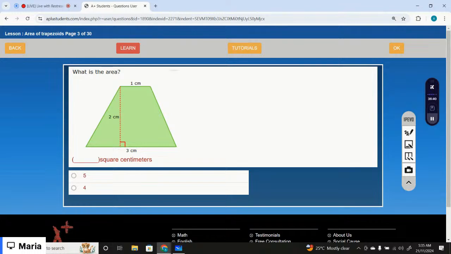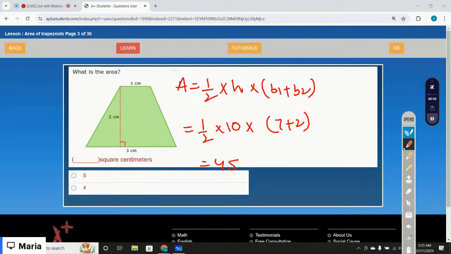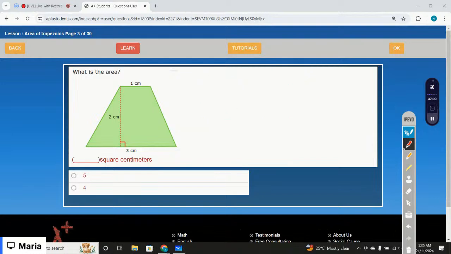What is the area? That is area equals half times.